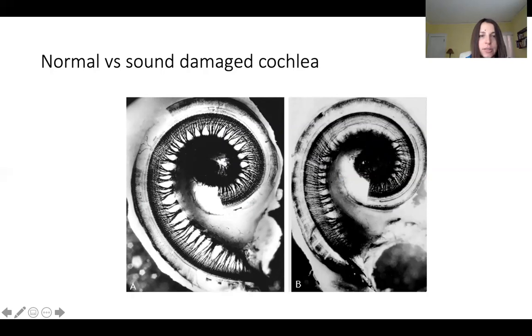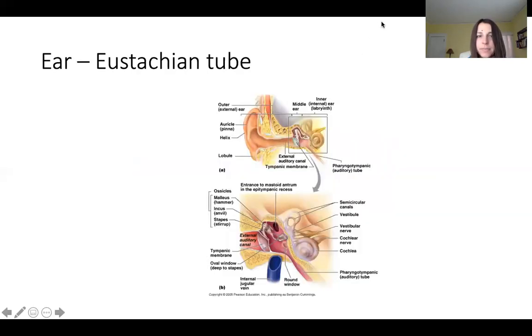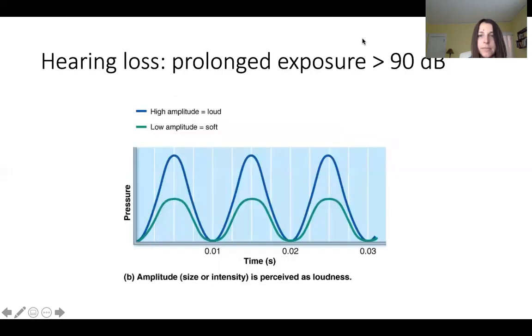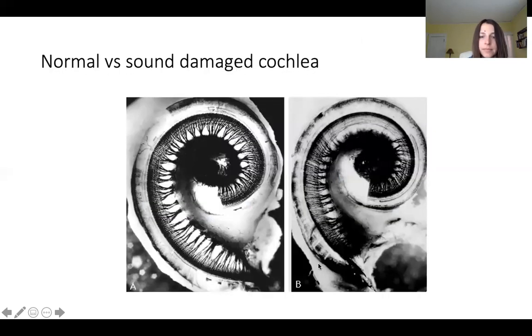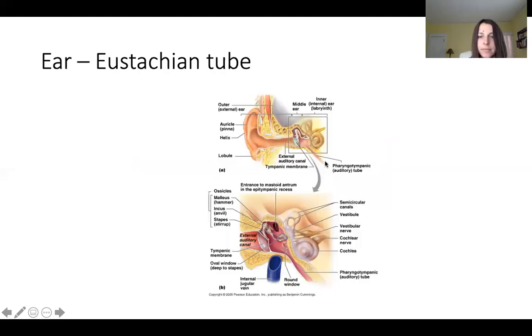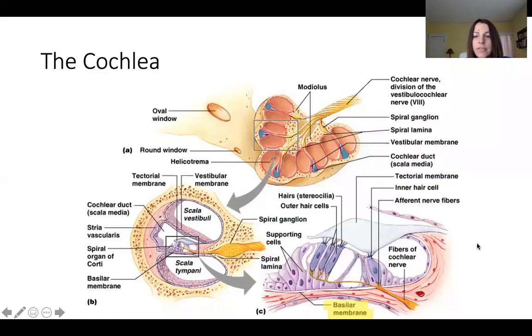Before I get into the sound damaged cochlea, I want to back up. Okay, this is a very busy slide just to show you the basilar membrane again, right? This is the membrane in which the hair cells are sitting, okay?